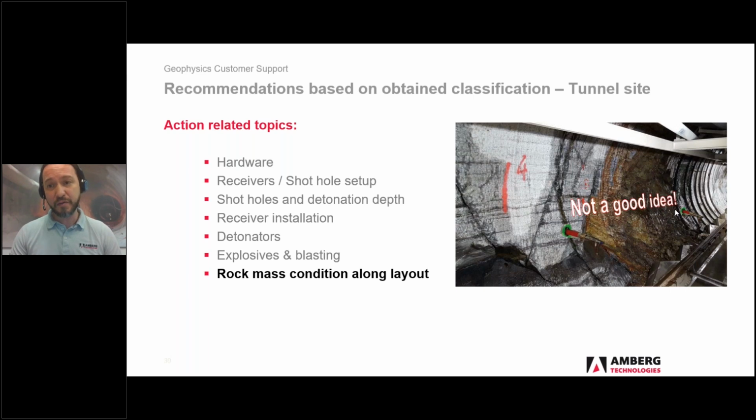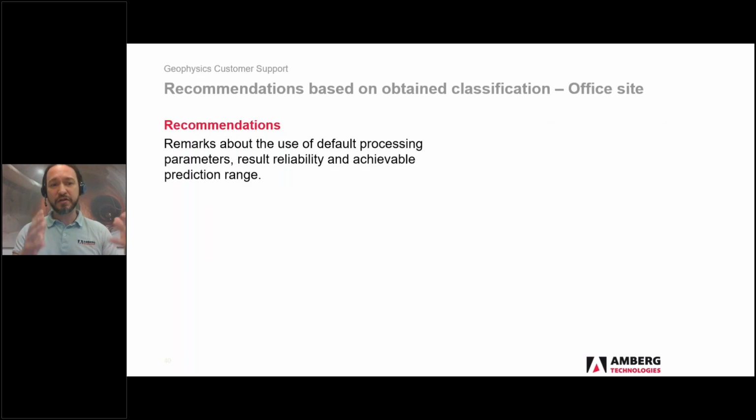In this situation, I recommend going further with your tunnel, and then you can locate your receivers in another place where you avoid such a situation between shots and receivers, whenever possible, of course. These are some actions on the tunnel side.